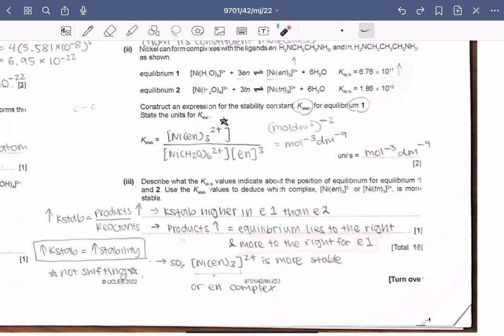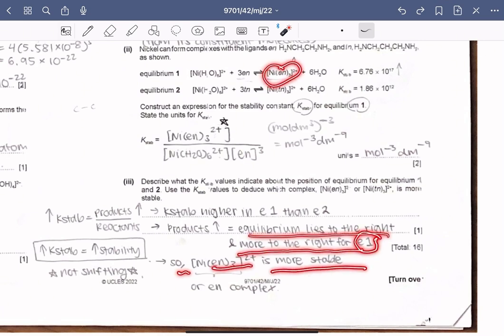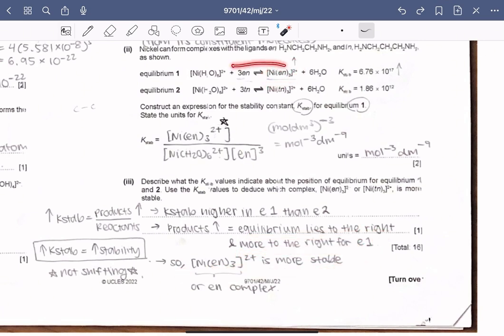So Ni(en)3 2+ is more stable because the equilibrium moves to the right and less of this compound dissociates back into this. So higher K-step means higher stability. For equilibrium 2, it has a lower K-step, so fewer products are produced and the equilibrium lies to the left.